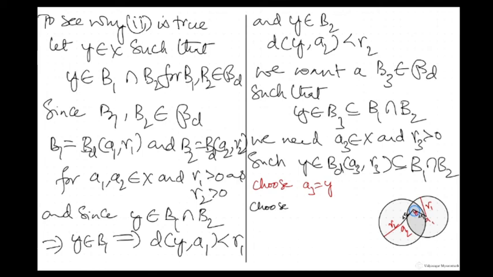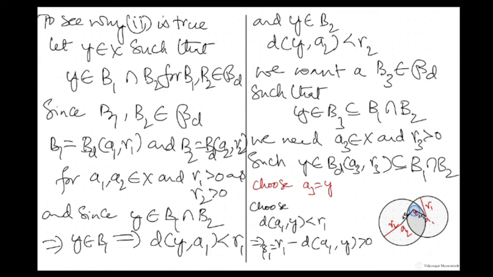Now, note that distance between a1 and y is less than r1. That would imply that r1 minus distance between a1 and y is greater than 0. Call this s1.